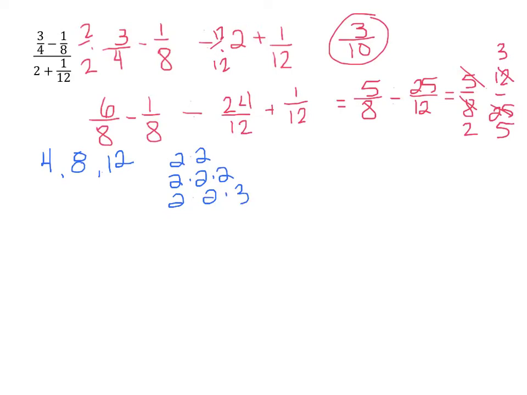So, least common denominator. So there's 2 2's. I'm left with a 2 and a 3. So now I will multiply everything by 24.